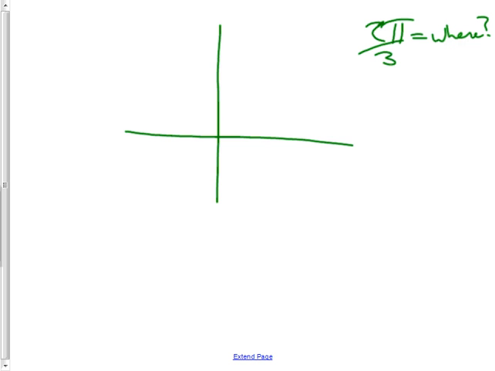Another way to think of it: this is a whole pi right to here. Isn't this less than a whole pi? How much of a whole pi is it? It's 2/3 of a whole pi, isn't it? So it's 2/3 of the way there. Hopefully you went about 2/3 of the way there and drew your line like this. I'm off a little bit though. That's like 3/4 of the way there. So 2/3 up there, that is where 2 pi over 3 is.